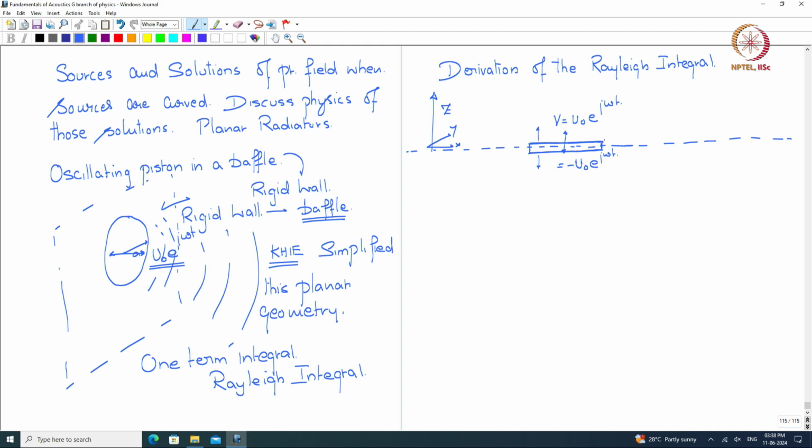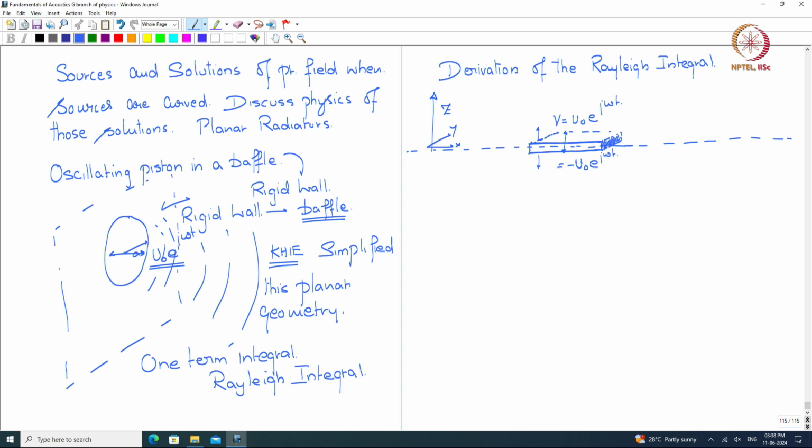So I will close the dimension so that I have now a box, with very small negligible areas on the sides, and the top and bottom move out of phase. The top moves up, the bottom moves down.